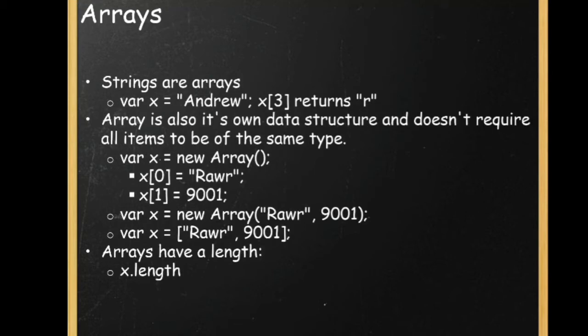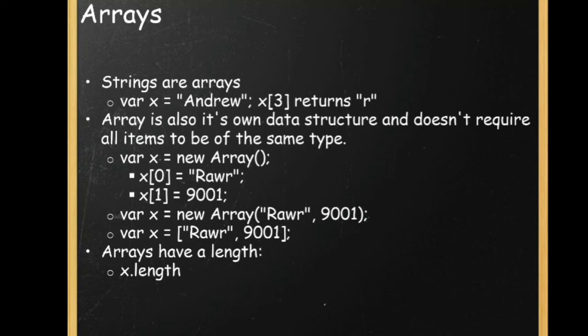Next we are having arrays. Strings, sets of characters, are called arrays. How do we declare it? There are different ways to declare an array. It is your choice which one is easier for you. Var x equals to Andrew in double quotes.